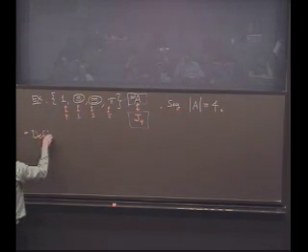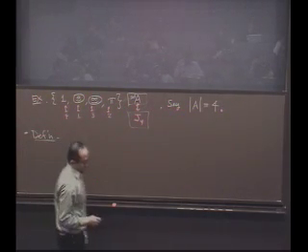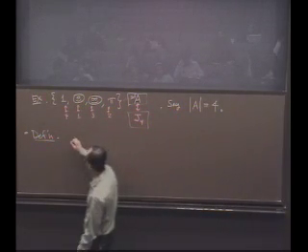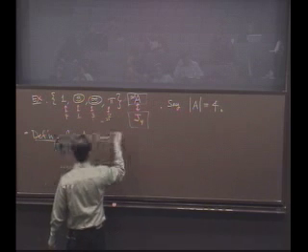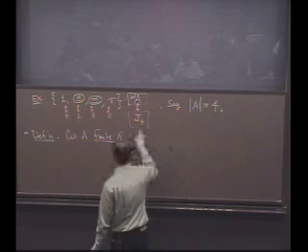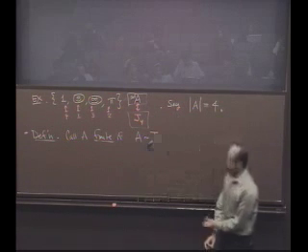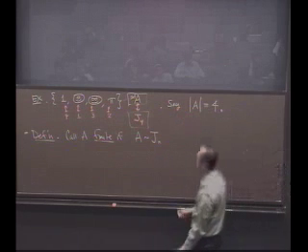So here's a definition, which it's not clear we'll need yet, but let's make it. We will call a set finite if A can be put in one-to-one correspondence with one of these initial segments of the natural numbers.